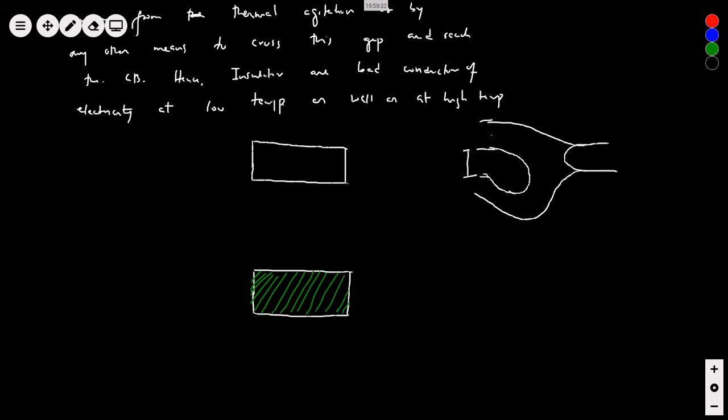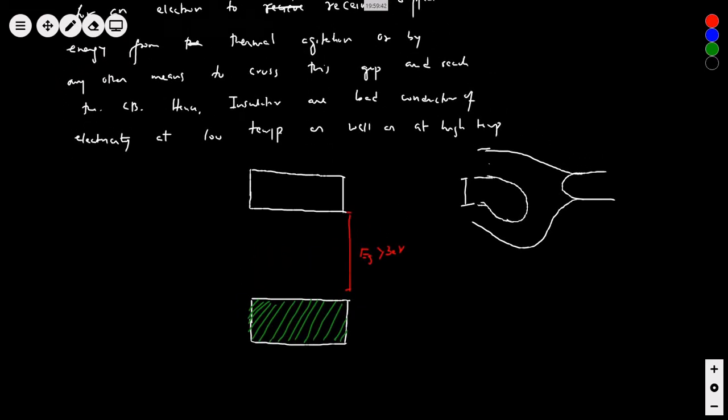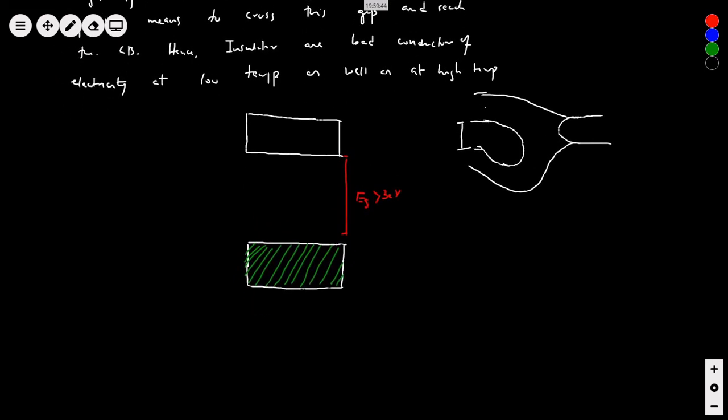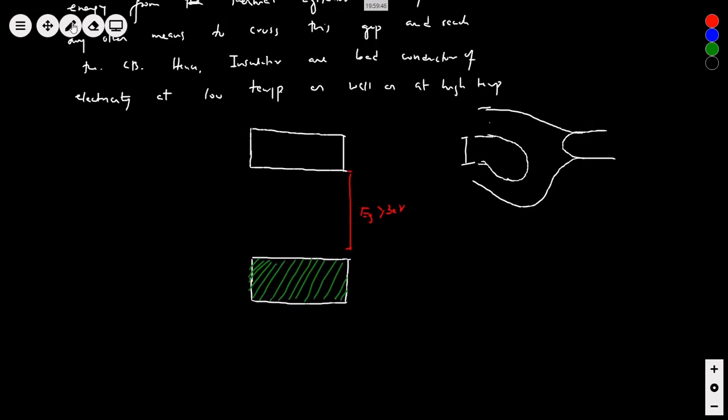This gap is Eg greater than 3 electron volt. So an electron can never cross this gap and reach the conduction band. So this gap is empty. Now, so empty conduction band and filled valence band. Okay.